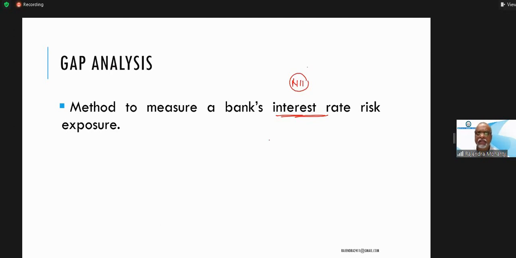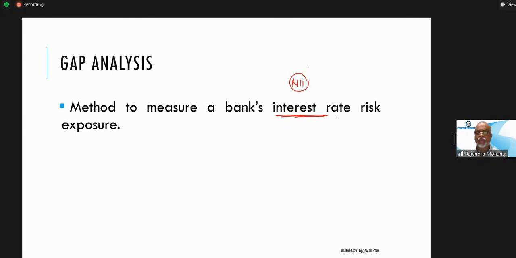So this is to evaluate earning exposures. Basically we want to know or evaluate the earning exposures, meaning those assets or liabilities which are rate sensitive.